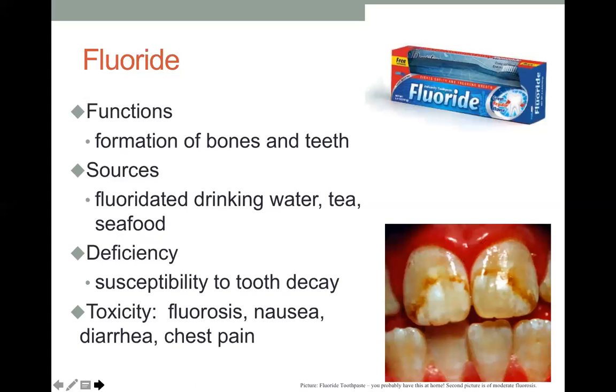In fact, people who have fluorosis tend to have lower cavity levels than people without fluorosis. But fluorosis does not look very pretty. Mild cases of fluorosis can just include white spots on the teeth, but more severe cases can include brown spots on the teeth, as you see in this picture. And it's very difficult, if not sometimes impossible, to remove this.